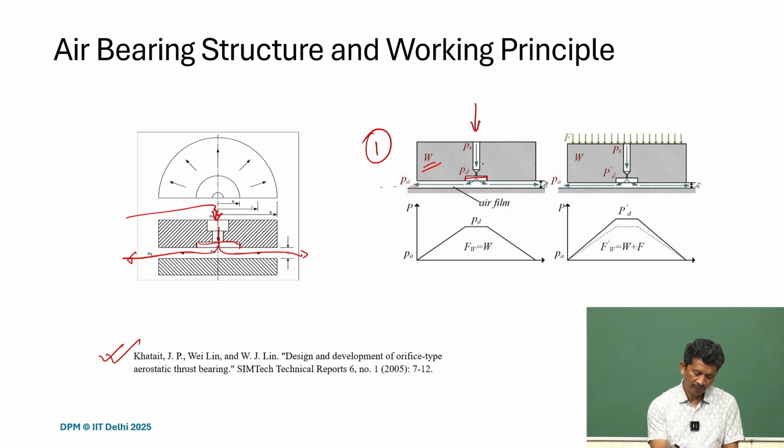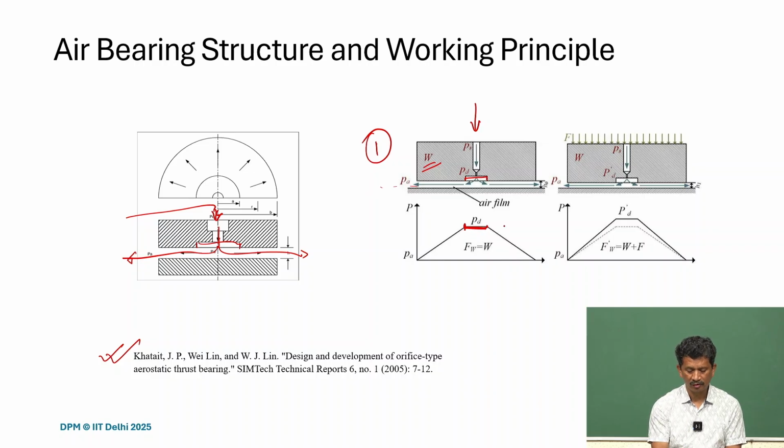What happens, because of the fluid dynamics, is that pressure will be developed. Inside the pocket there will be some pressure developed, PD, which might be less than the supply pressure, because there is a restrictor, but that pocket is bigger than the bearing surface.